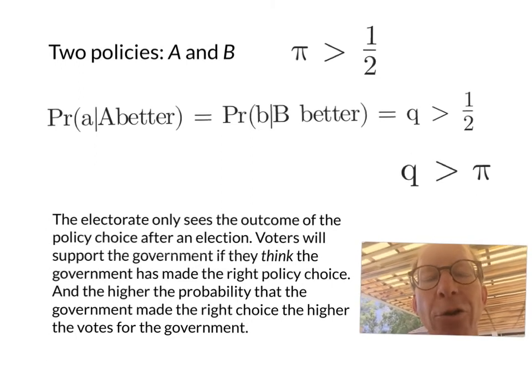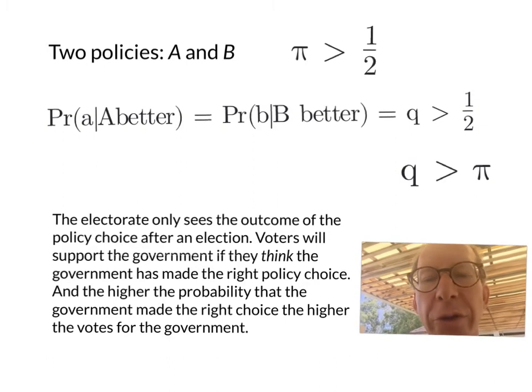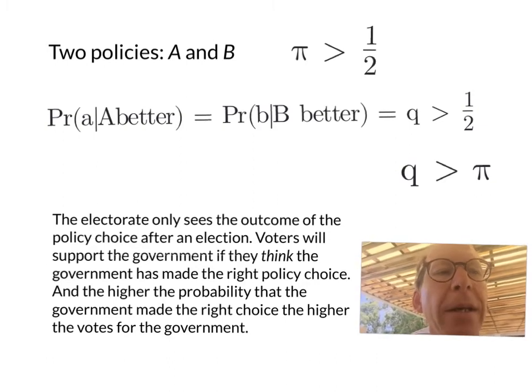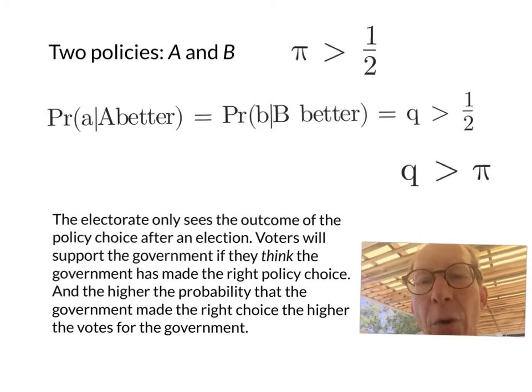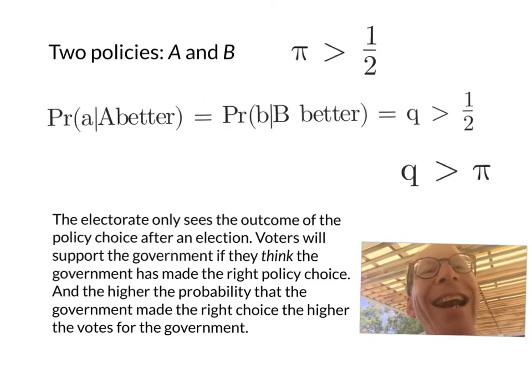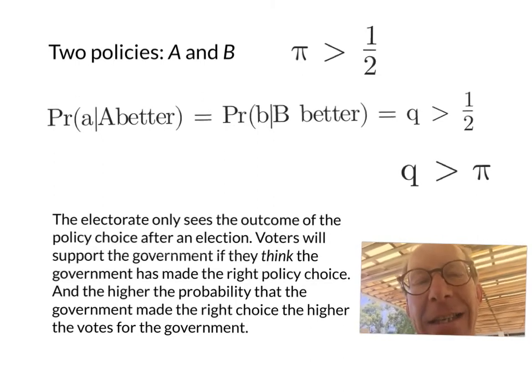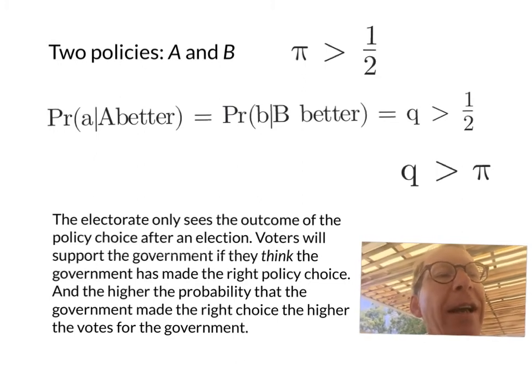But if the government gets little b, then given our assumptions, Bayes' rule says that capital B is more likely to be the better policy compared to capital A. In other words, the best policy is not the one that the general electorate or the majority of the population think is the better policy. The government has more information and knows that in fact capital B will be the better policy.